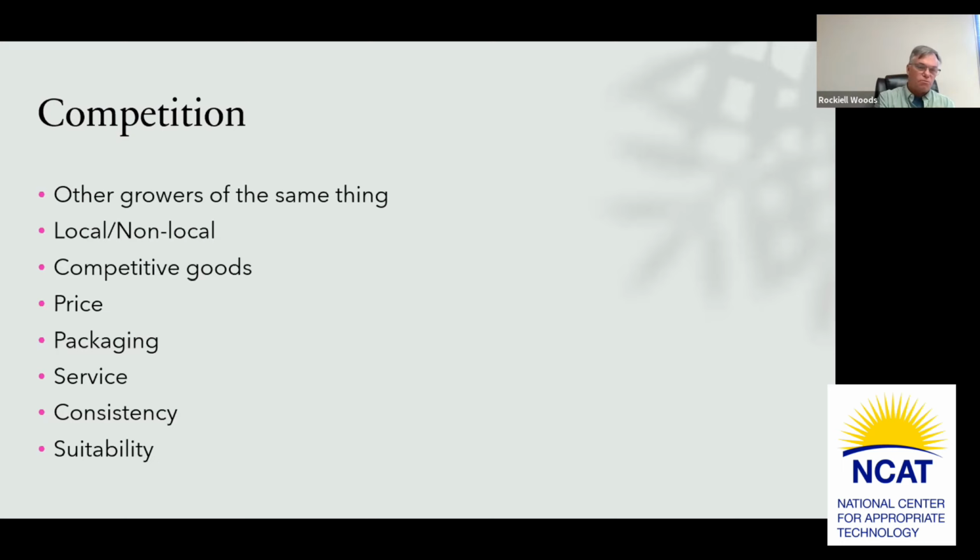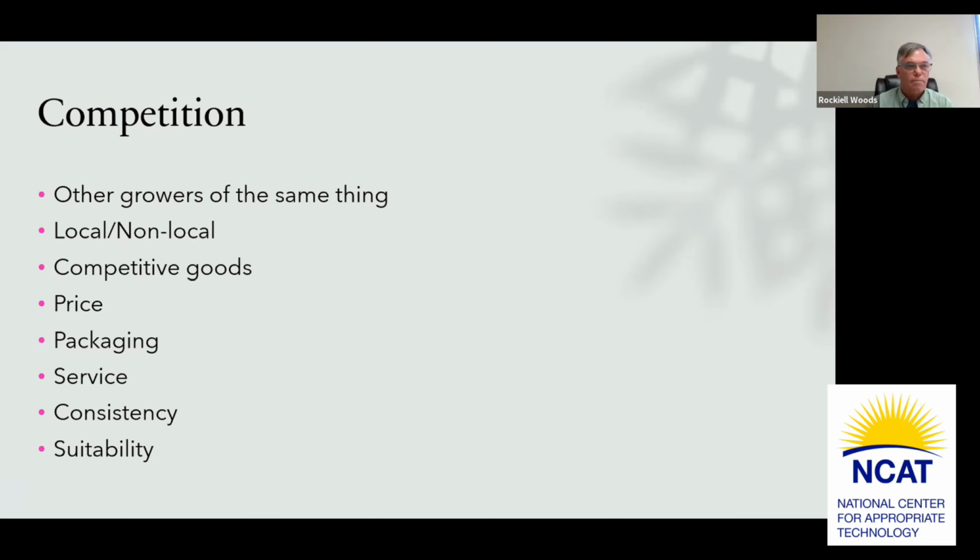If you're a goat farmer providing goat milk cheese to the local farmers market, you need to understand what the other dairy folks are doing in that market. You need to understand the competitive goods you're facing, as well as what's going on in the big grocery stores, so that you can manage and provide the experience around your brand that serves you.